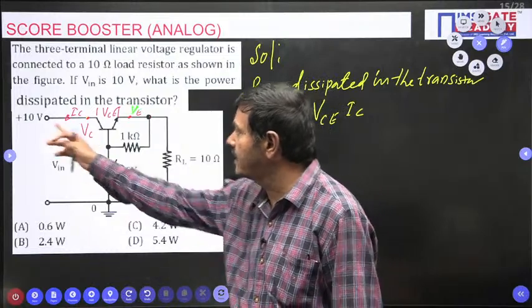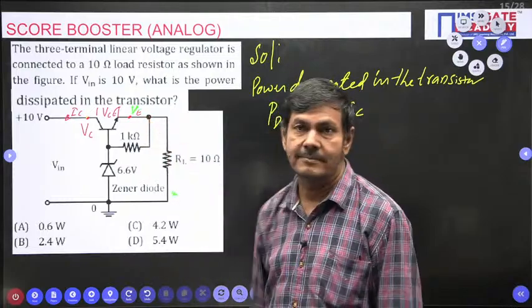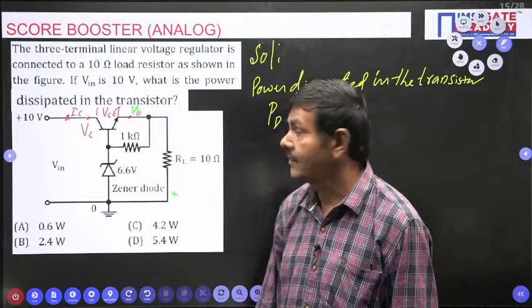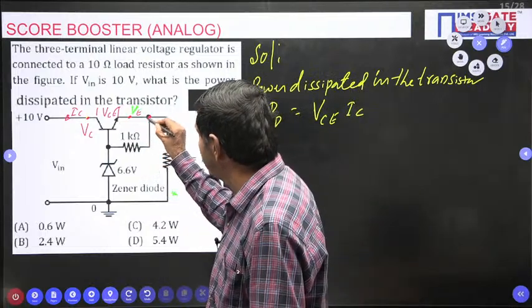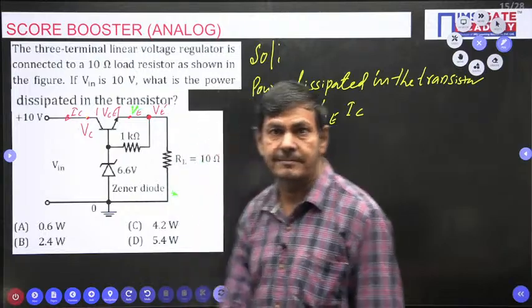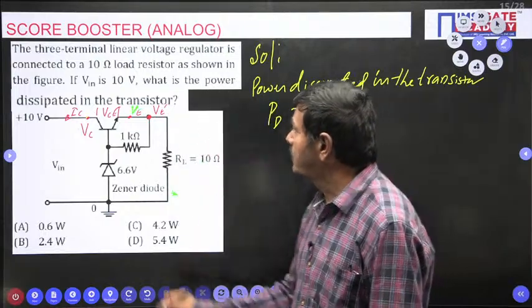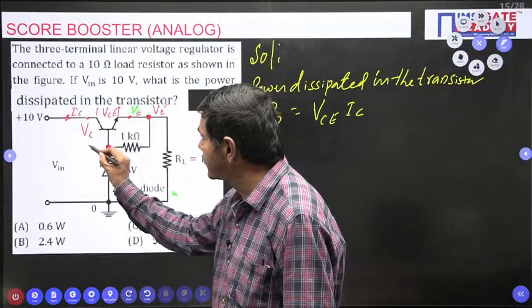We know directly VC equals 10 volts, but I should know what VE is, otherwise I can't get it. This voltage is also VE only. Between these two, this voltage we know very well, 6.6 volts.